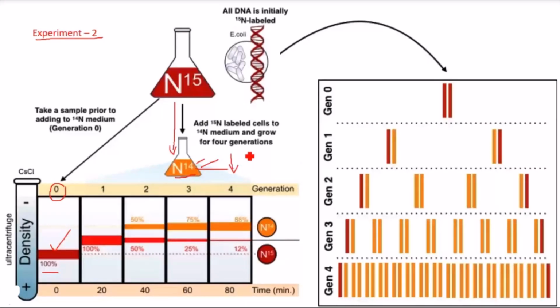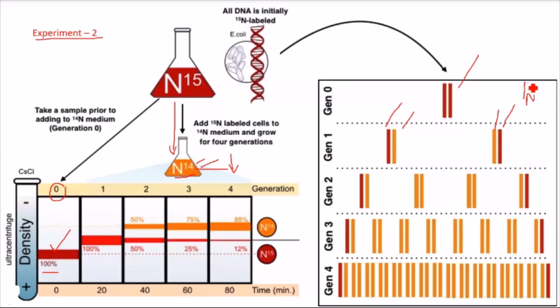When it is allowed into N14 medium and grown for the first generation, from the first generation of E. coli, DNA was isolated and centrifuged and the band formation observed. One is heavy, another one is light. The heavy I am mentioning now refers to nitrogen 15. Nitrogen 15 isotope is present here, and N14 isotope is present in the first generation.